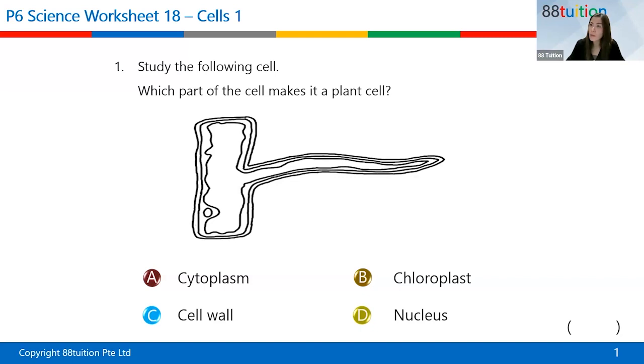So the difference between plant cells and animal cells, are you able to tell me? Someone can just unmute and let me know the differences. Plant cell has cell wall, but animal does not. Do you have one more? And certain plant cells have chloroplasts.